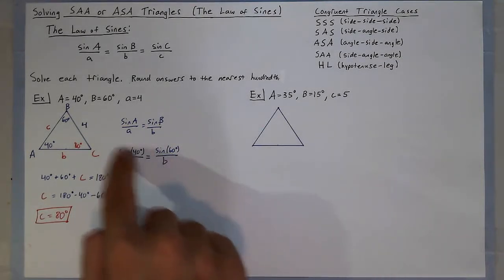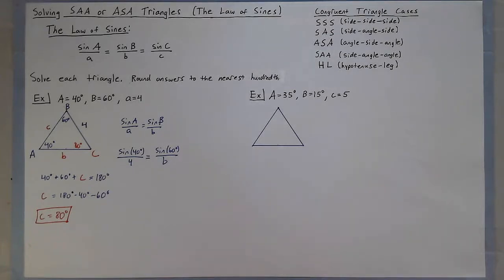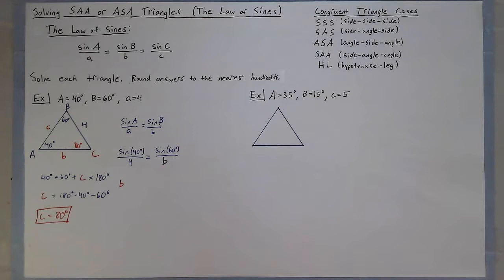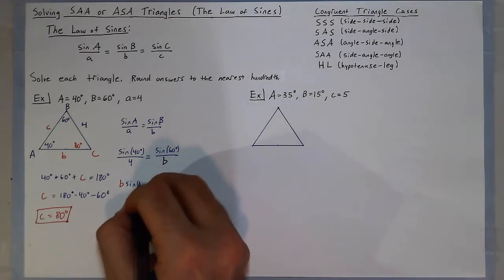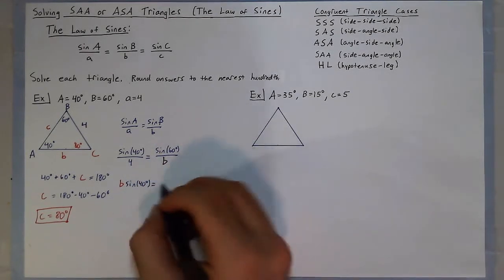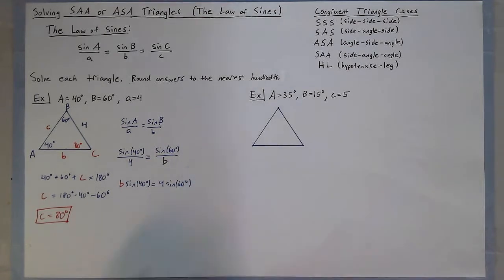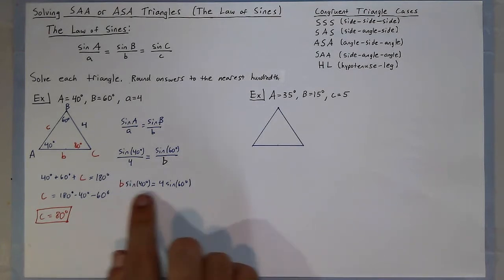And now I want to solve for that variable B in this equation. So I'm going to cross multiply, which will give me B sine of 40 degrees equals 4 sine of 60 degrees. And then I'll divide by sine of 40.